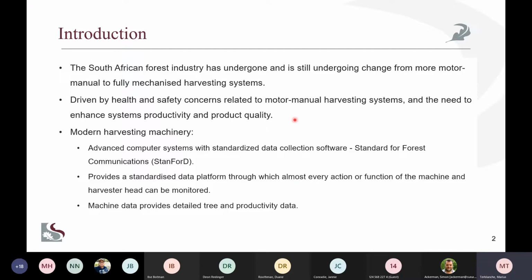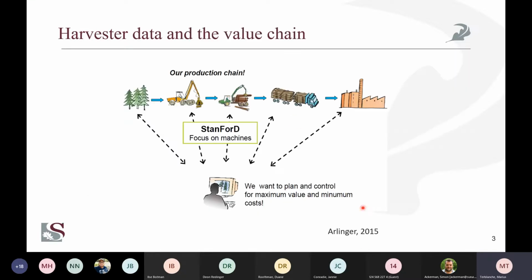So this provides a standardized platform through which almost every function and action of the machine can be monitored, and as I said, provides very detailed tree and productivity data.